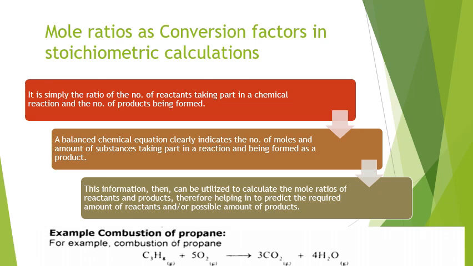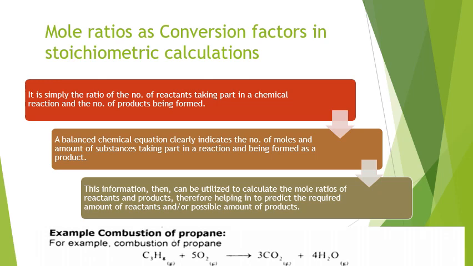Right? Similarly, what does the balanced equation tell you about the mole ratios? Here we have a balanced chemical equation which indicates the number of moles and amounts of substances which are taking part in a reaction and being formed as a product. How to use this information?